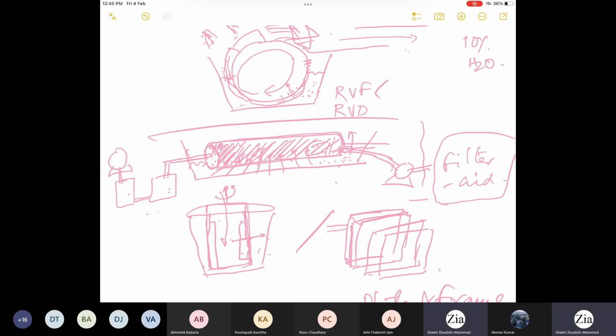Now, if you use filter aid, it will actually create some pores in between. So imagine you are putting some glass beads along with your slimy algal biofilm. The glass beads will stay in between the biofilm because you will not be able to crush the glass beads.